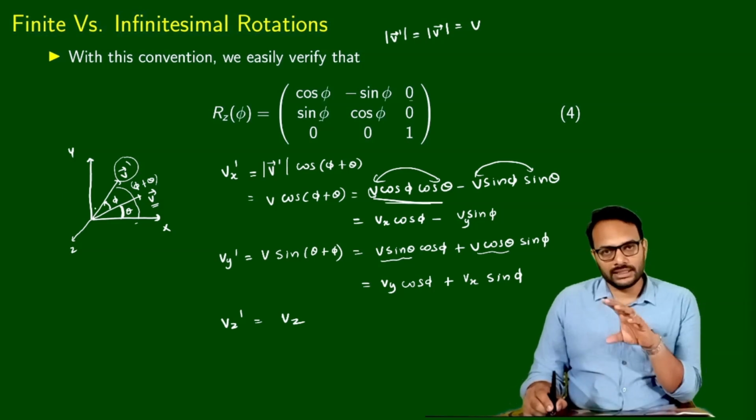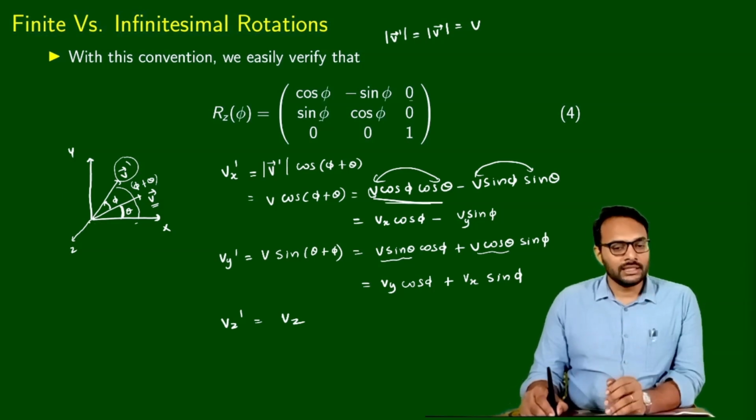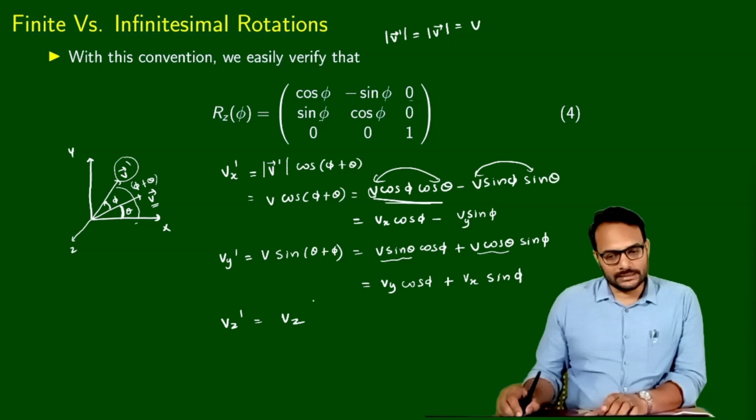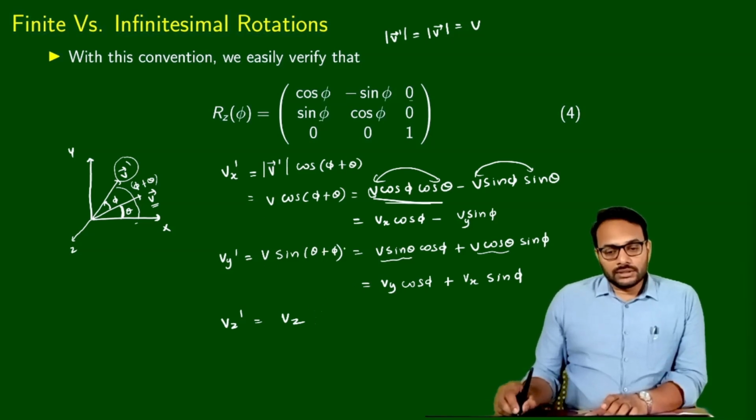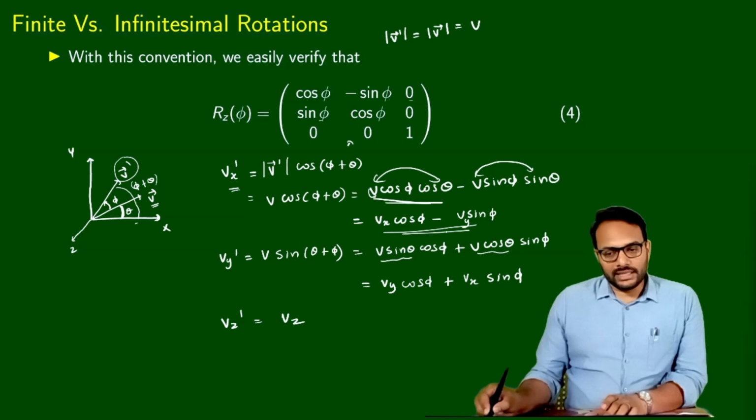This is because we are rotating the vector in the xy plane, so the z component does not change. There's no change in the z component. So this is what we see in this matrix here. We have vx prime equal to vx cos phi minus vy sin phi, plus we could write 0 multiplied by vz.